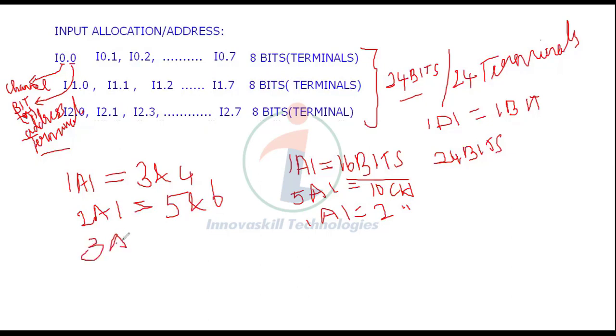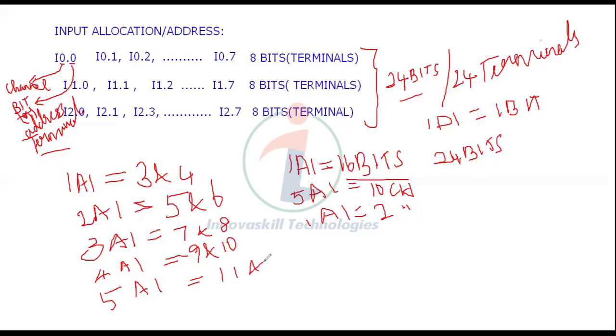The third needs channel number 7 and channel number 8. The fourth needs channel number 9 and channel number 10. The fifth analog input needs channel number 11 and channel number 12.